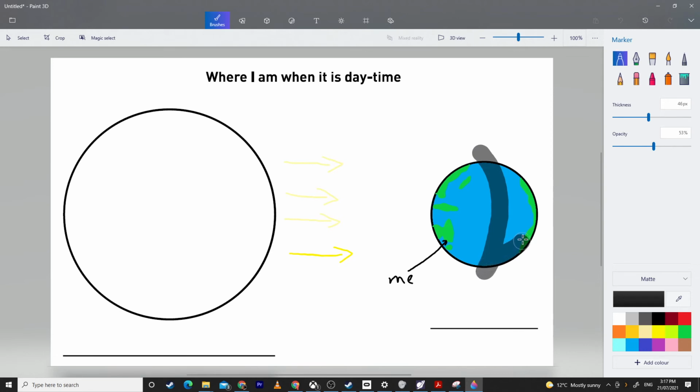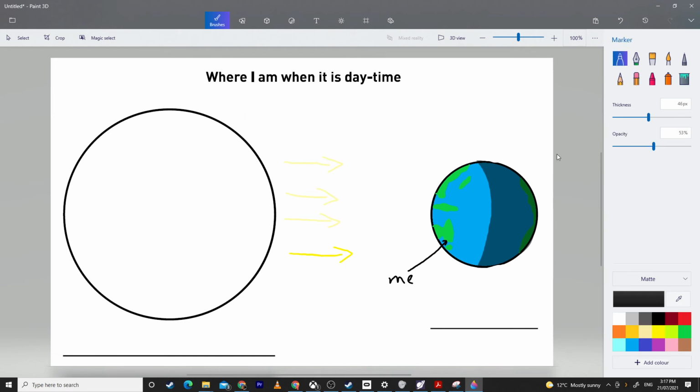Okay. Draw this side of the world is darker. So with you, you can just do it with a pencil and just shade it in just to make it darker on one side. Okay, there we go.